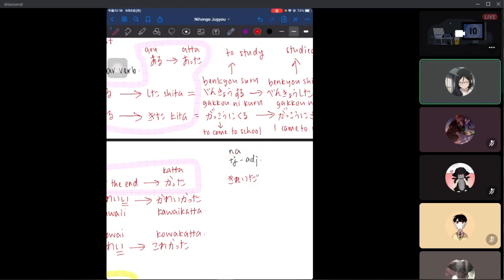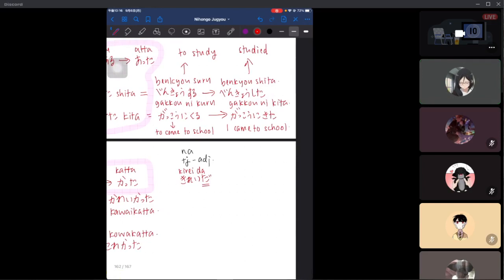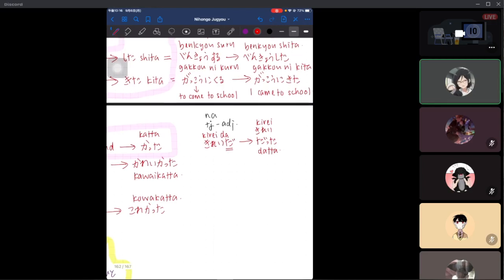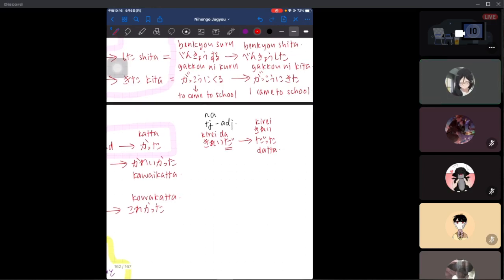So what you have to do is take the da and conjugate it into datta. So this will become kirei datta. Or another one, there's also, for example, suteki.